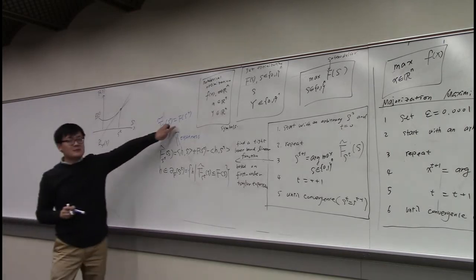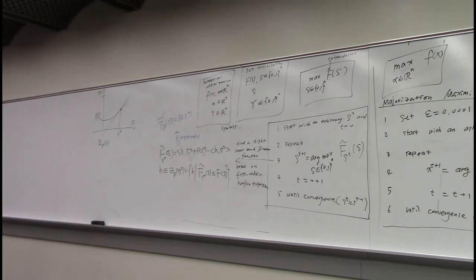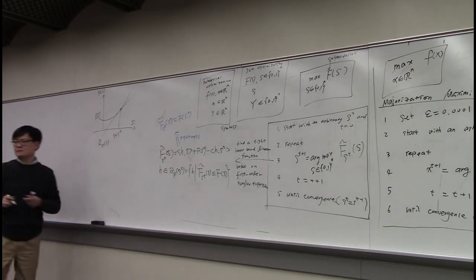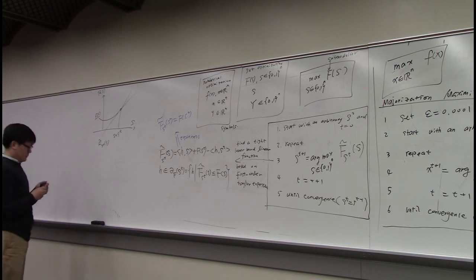That's why this satisfies the condition. These two functions, the true function and the linear lower bound, are identical if S is S_t. So this is exactly the same as the numerical case, and this is what I want to generalize. This gives you the story of where this is coming from: it's from numerical optimization.